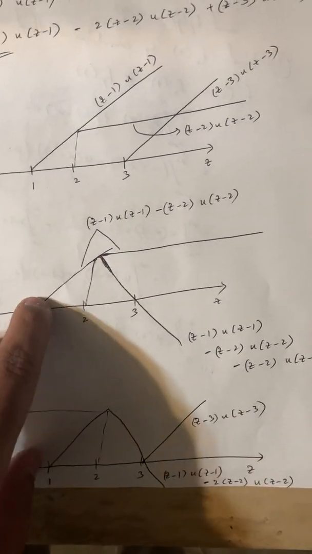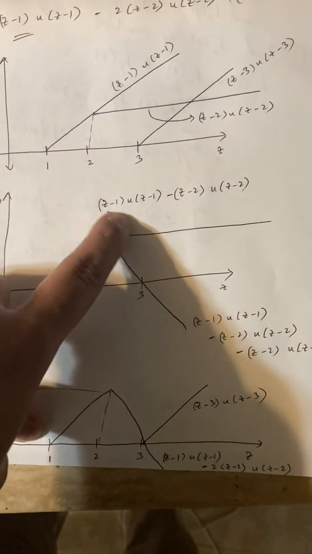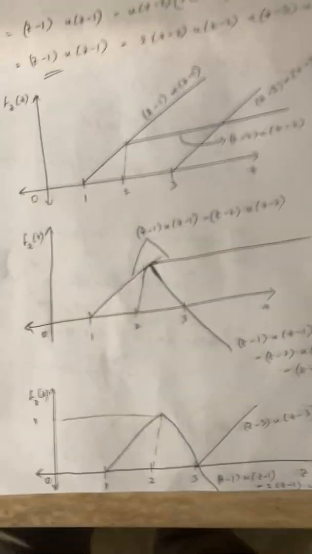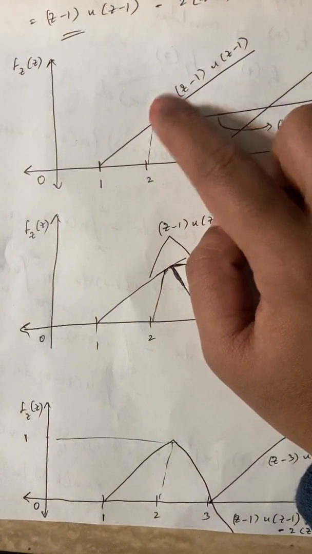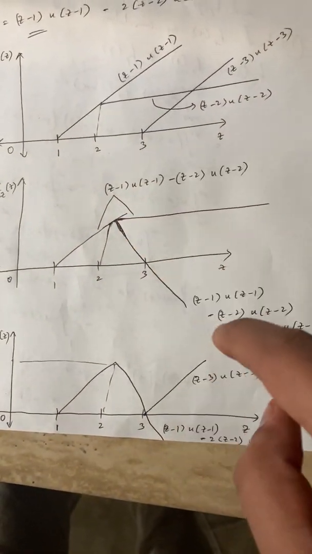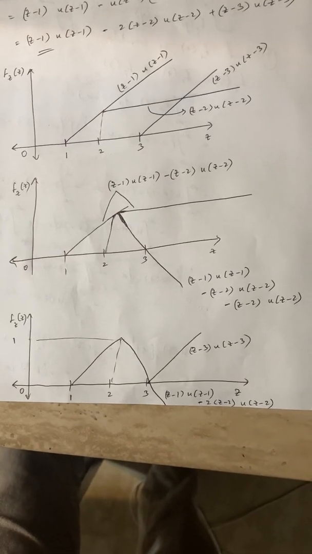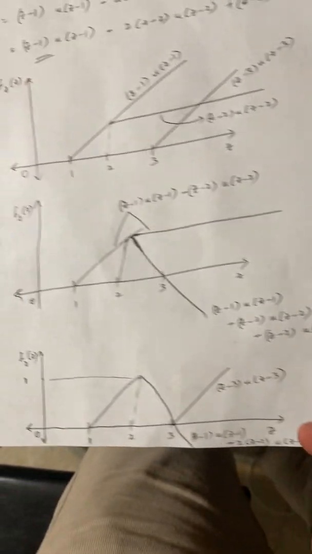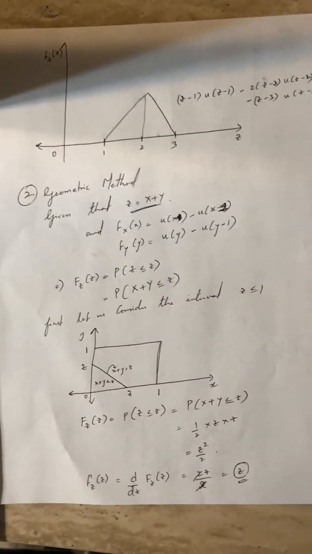These two lines represent z minus 1 u of z minus 1 minus z minus 2 u of z minus 2, because we are subtracting this from this to get this line. And this line is basically this minus this. Then I've done the calculation and got the answer here. That's it.